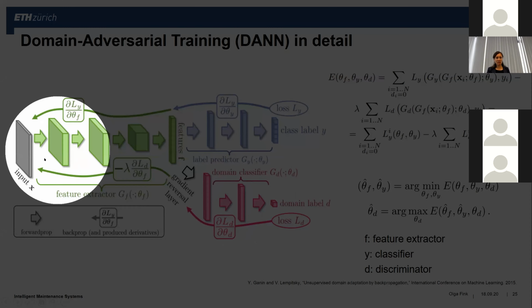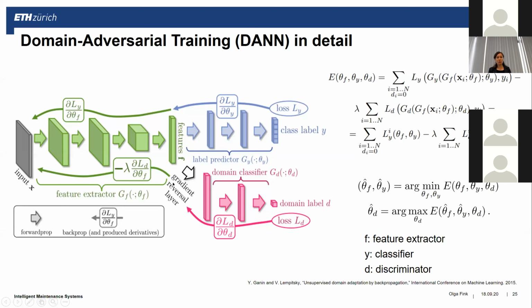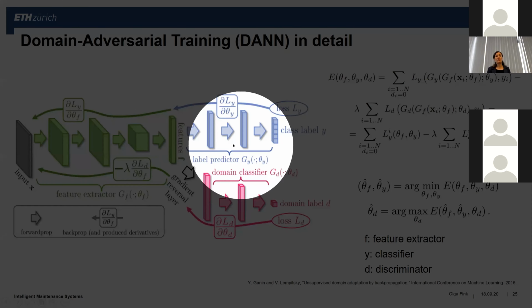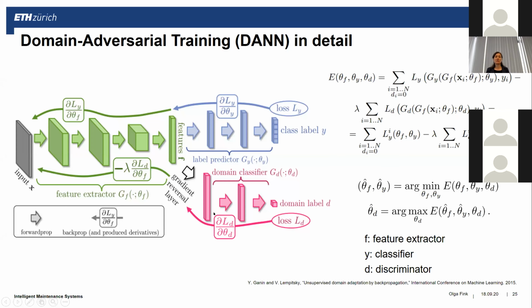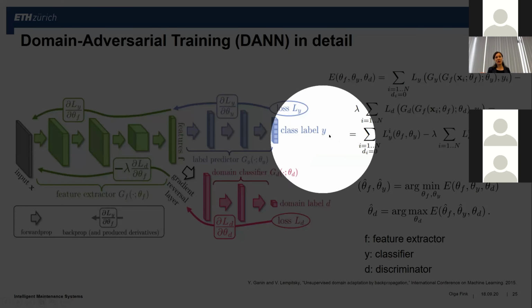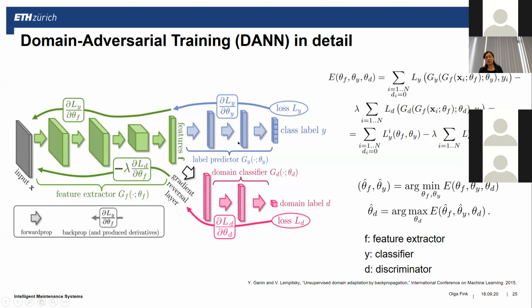Then we have the classification loss, and the goal is to minimize the misclassified classes. And for the domain classifier, the goal is again to distinguish the domains as well as possible.